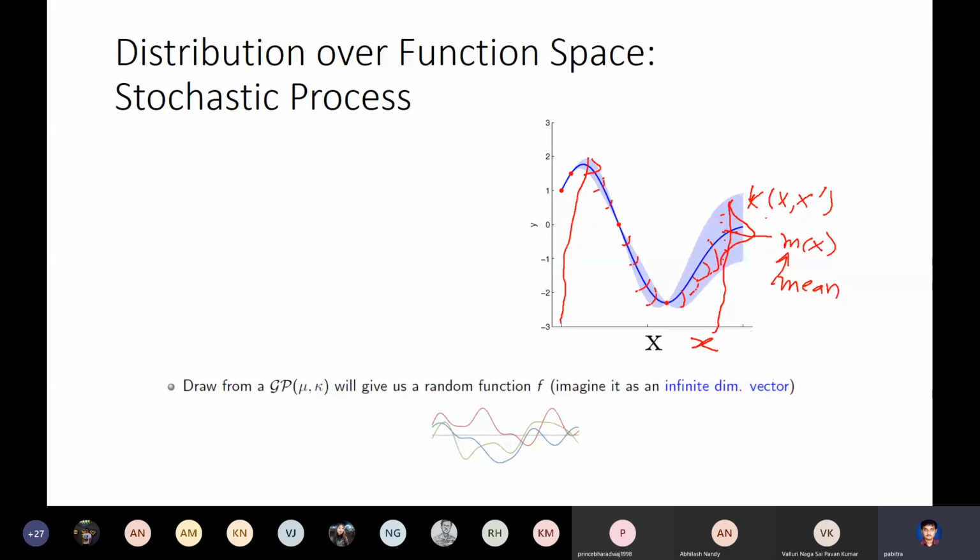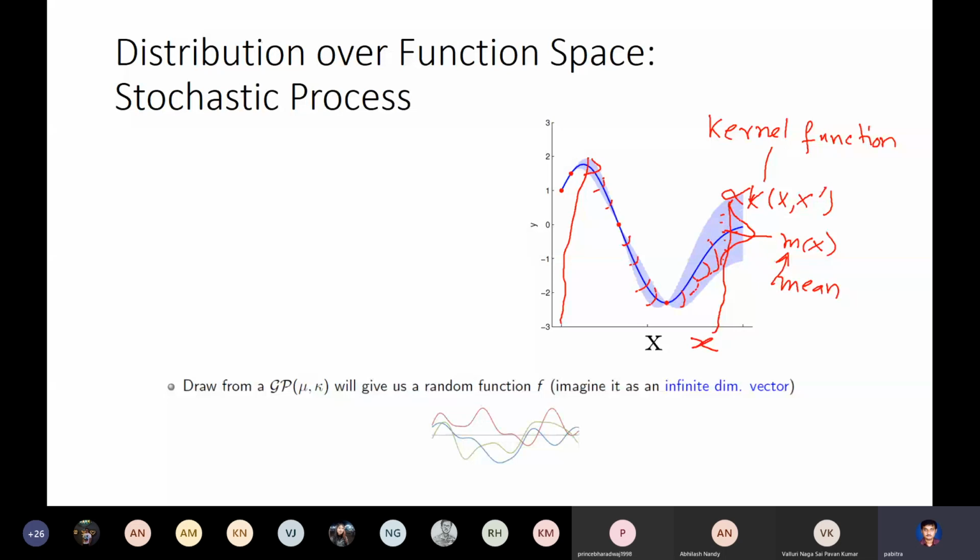So at every point, I'll have some k, which I call a kernel function. And I have a mean function m(x) and a kernel function k(x, x prime). So this x prime is at x, and this x prime can be other indices, right?